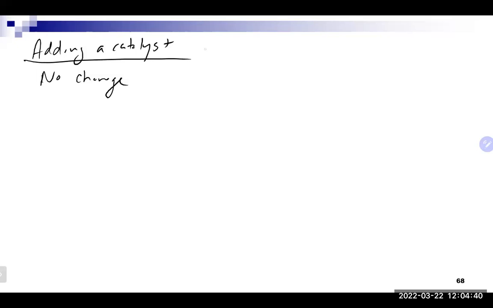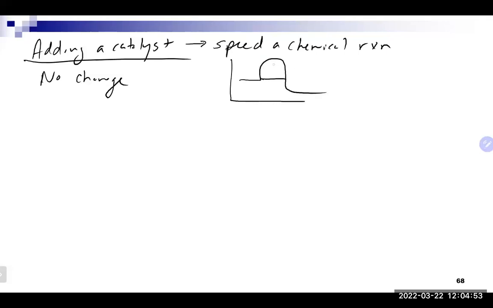Remember, a catalyst is typically something that will speed up a chemical reaction, and it essentially does that by lowering the activation energy, right? So if you have an uncatalyzed versus a catalyzed reaction, it lowers that activation energy, which obviously makes the reaction occur a lot faster. In terms of Le Chatelier's principle, it really has no effect.